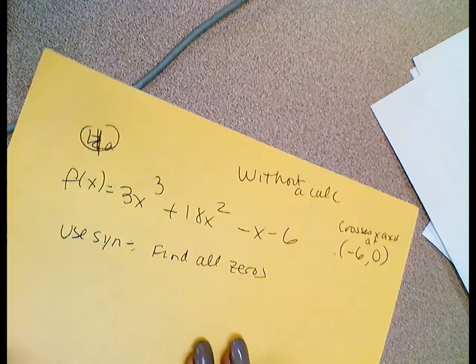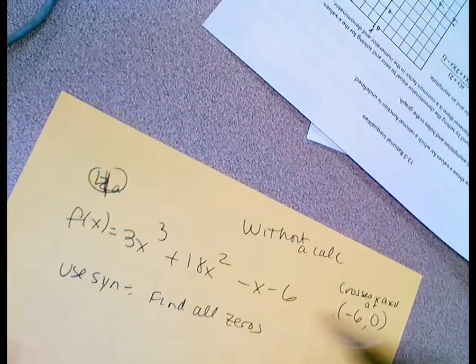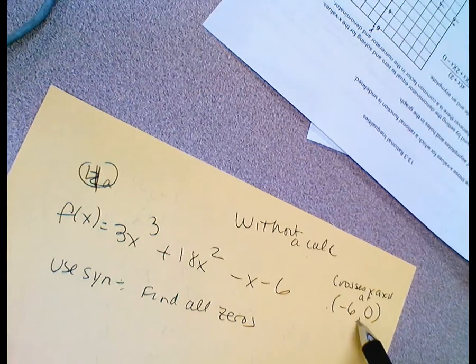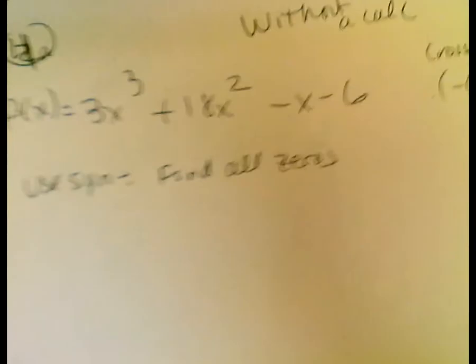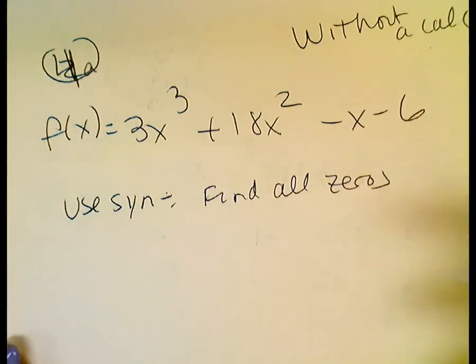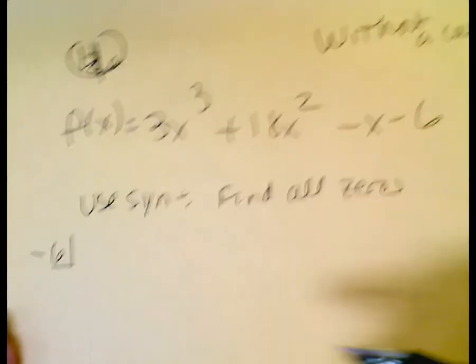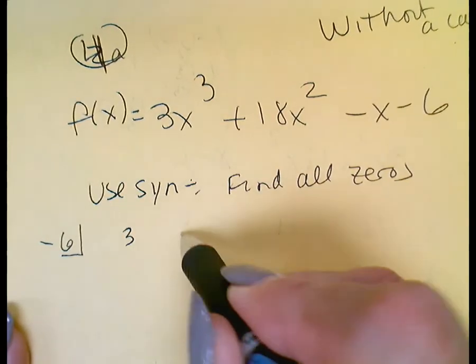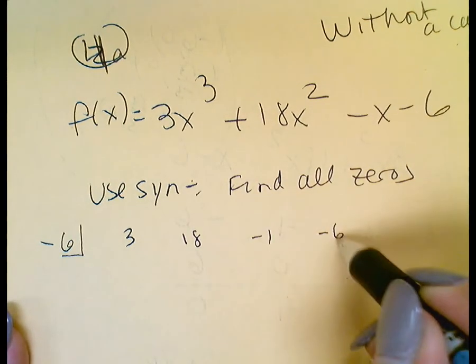All right, here's the problem. Without a calculator, this problem crosses at -6. Use synthetic division and find all zeros. So I'm going to take the -6, I'm going to plug it in synthetically. So you have 3, 18, -1, and -6.